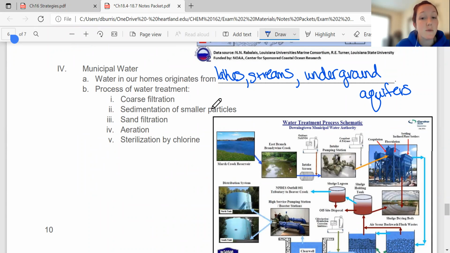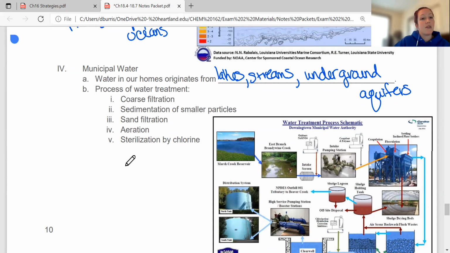And then sedimentation gets smaller particles out. And then sand filtration gets out even smaller things. And then we have to aerate it and sterilize it with chlorine. So chlorine can also be an issue when we're looking at things like runoff and pollution. So we have to be careful. But you don't have to be able to describe the whole water treatment process.